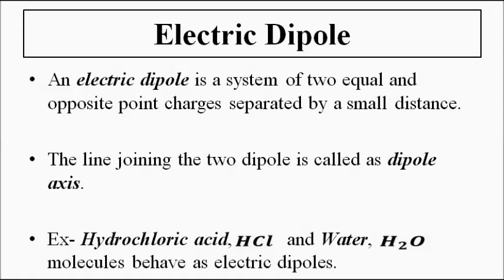So the first question, what is an electric dipole? An electric dipole is a system of two charges, equal in magnitude but opposite in sign, two equal and opposite point charges which are separated by a very small distance.